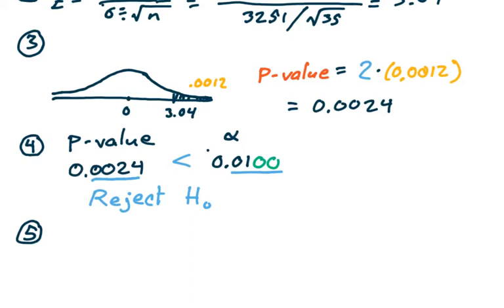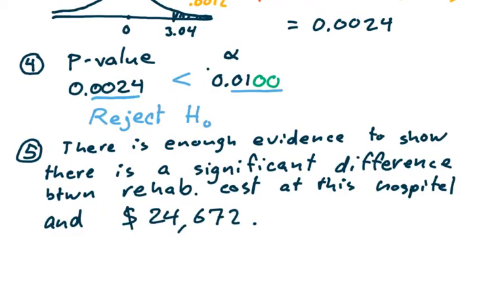So here we would say there is enough evidence to show there is a significant difference between the rehab cost at this hospital and the national average of $24,672. So that's how we would conclude that.